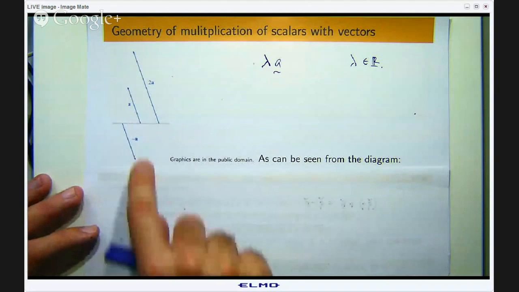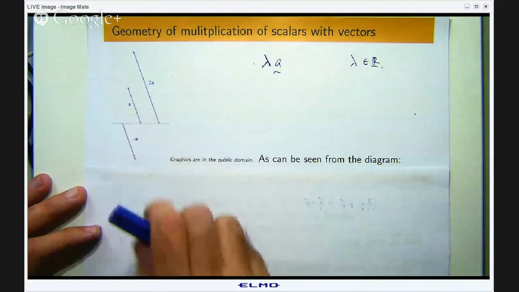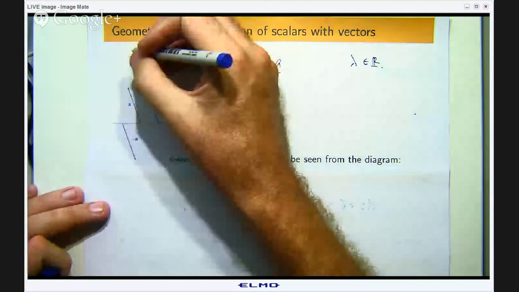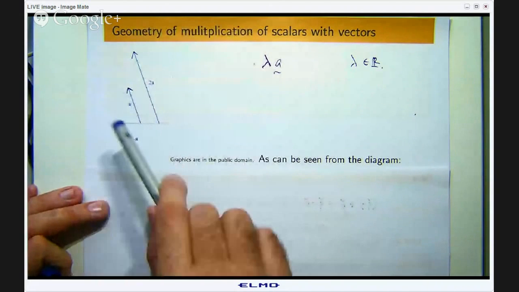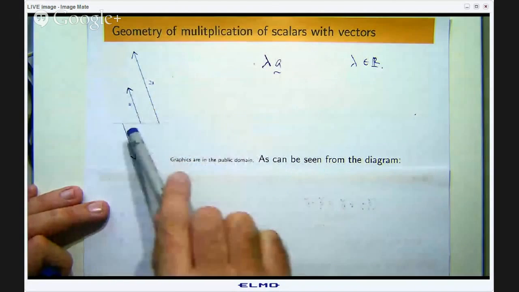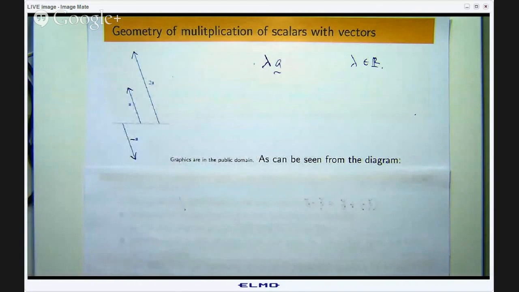Now if you look here, we've got A and negative A. This length and this length are the same, but again, let me just draw in the arrows to make them a bit bigger. So this length and this length are the same, but you can see that the direction has changed, reversed, or been twisted around 180 degrees.